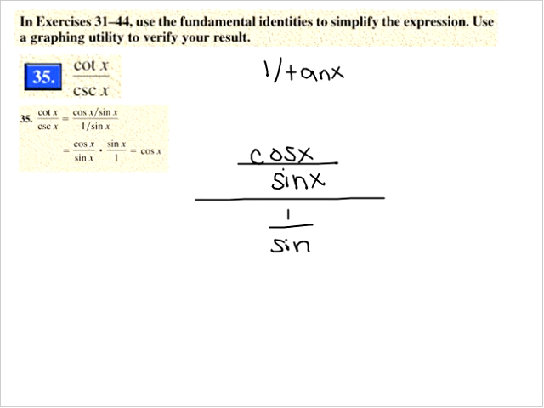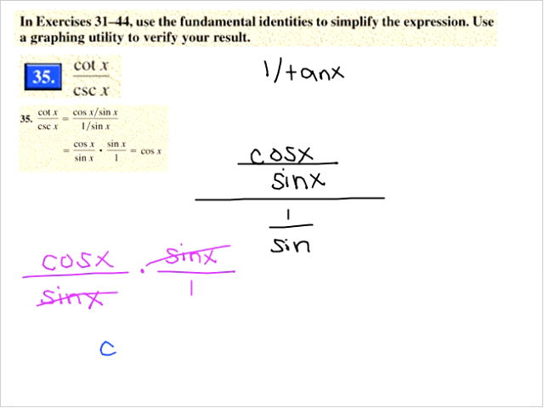We can't divide fractions, so let's rewrite this as a multiplication problem. Remember to take the reciprocal of your second fraction. Let's cancel out things from the top and the bottom. All we're left with is just cosine x.